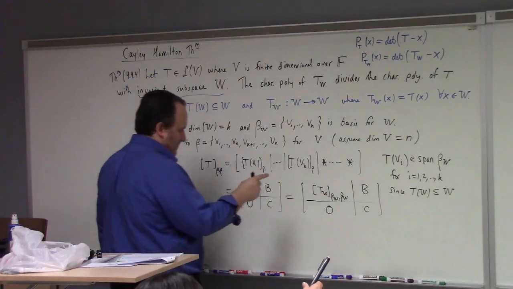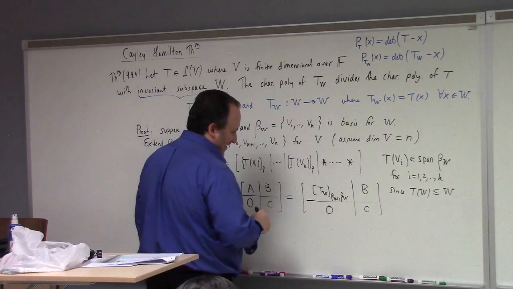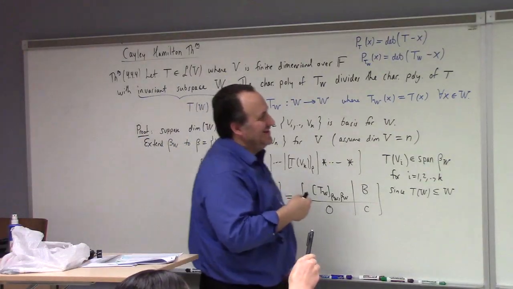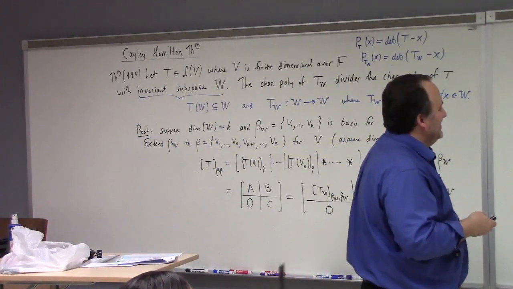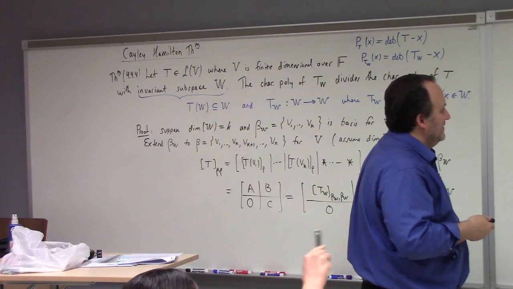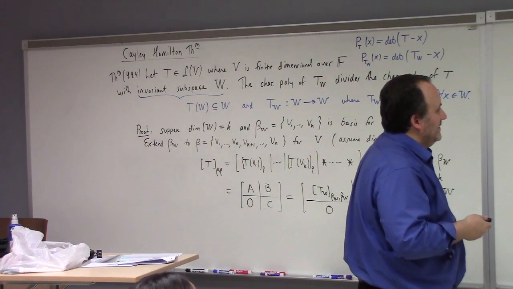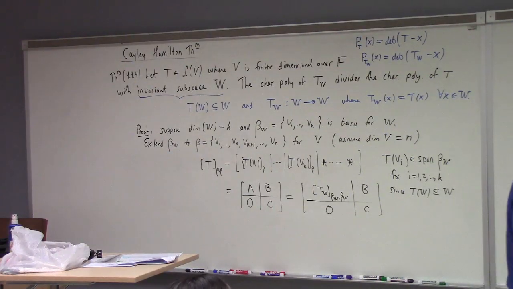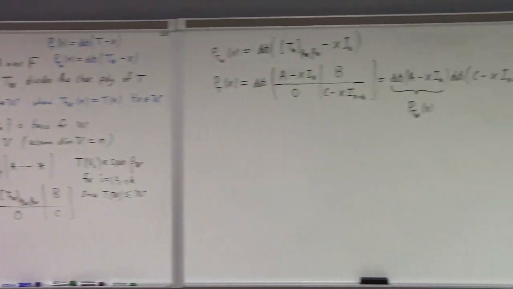Also over here, that's the matrix, so there's two of them there. Is it supposed to be for just T sub W on the first row? Over here, the top one. I don't know how to say that.